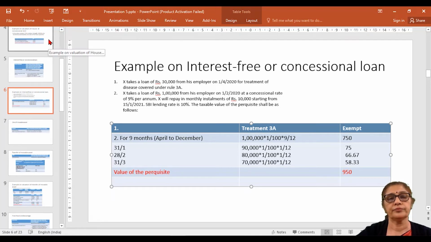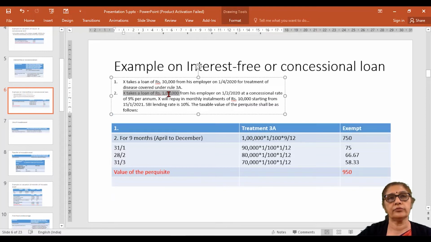The second case says, X takes a loan of 1 lakh from his employer on 1st April 2020, at a concessional rate of 9%, which means you are paying 9% to the employer.